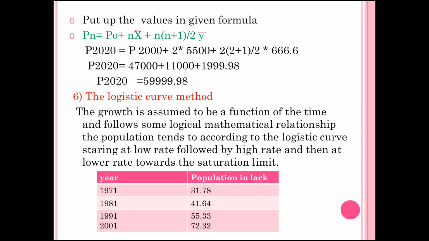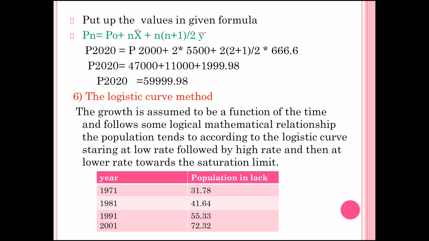From the given formula, the population in 2020, P 2020, is equal to P 2000, the known population of the last decade. There is a difference of two decades, so the value of n is equal to 2.